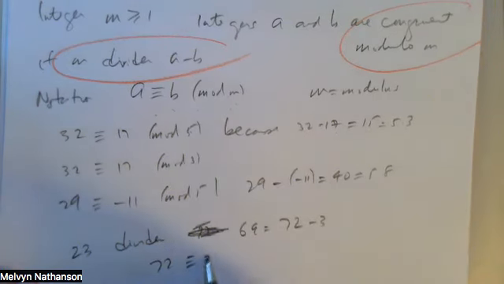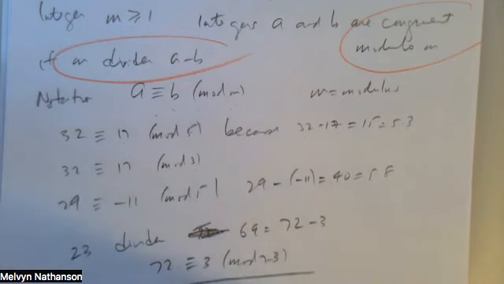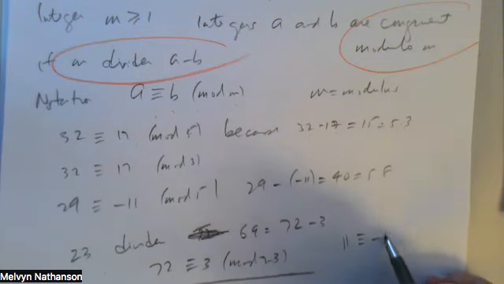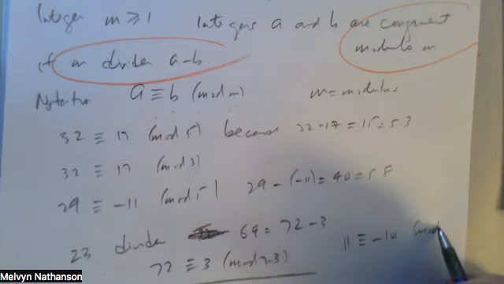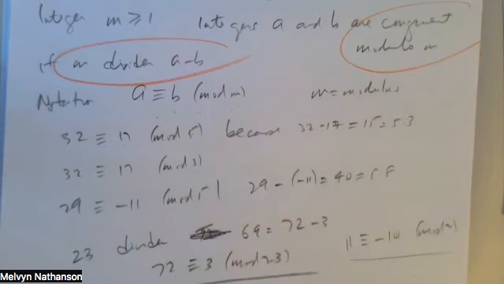So 72 is congruent to 3 mod 23. 23 divides the difference. Okay, starting to make more sense now. 11 is congruent to minus 101 mod 2. That just means the difference is an even number. That's all it means. Okay, thank you, Professor.